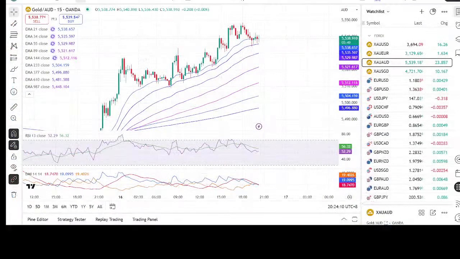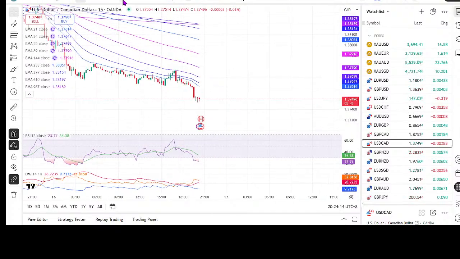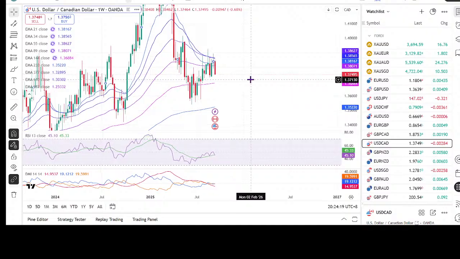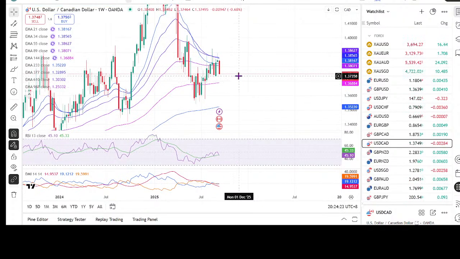Before that we'll look into the dollar CAD. If you look into the dollar CAD, this has been down on the weekly. So we are expecting the target to go towards 37.35 or lower, because the market is trading around 37 half.